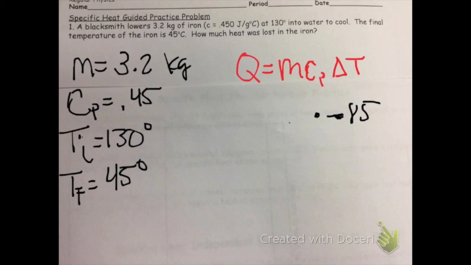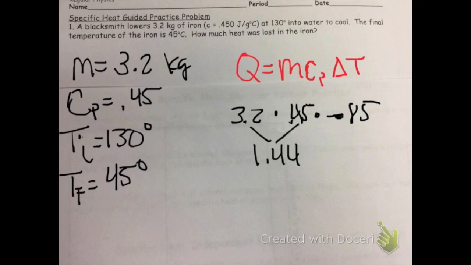Then we have our mass times our specific heat. The specific heat was 0.45, and our mass is 3.2. That gives us 1.44. So these two together are 1.44, and we multiply that by negative 85, correct?